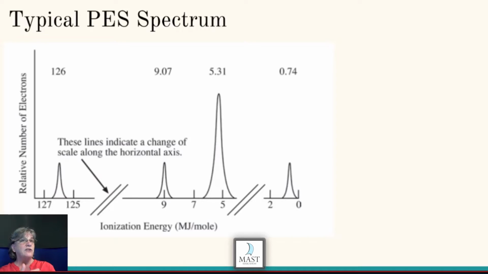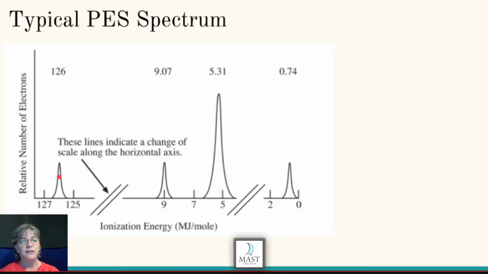So if you think back to electron configuration, this peak would represent electrons in the 1s sublevel. As we move further and further to the right on this axis, we encounter electrons that are further and further from the nucleus of the atom. The sequence of these peaks follows a typical electron configuration sequence.